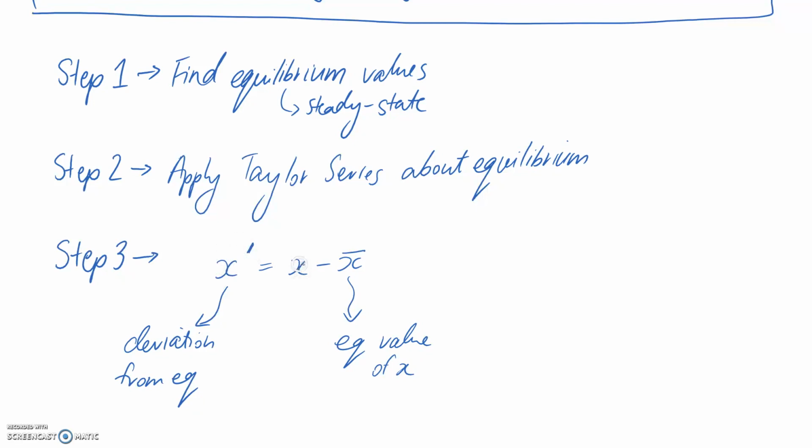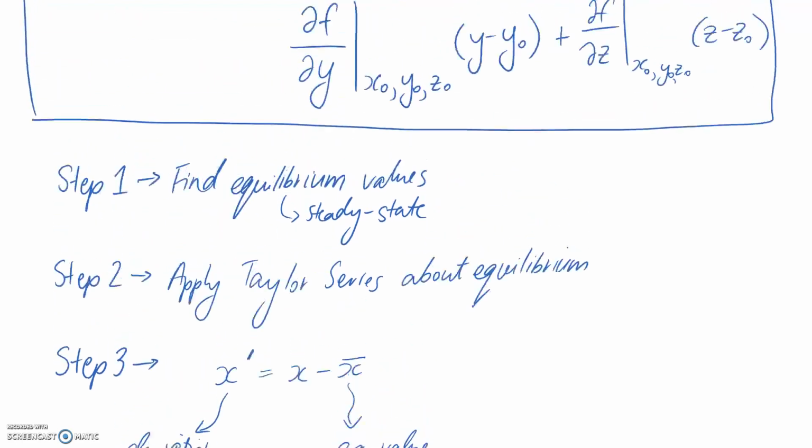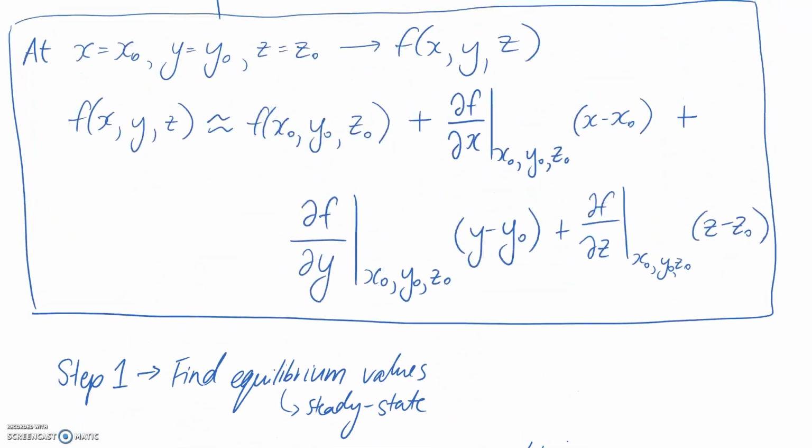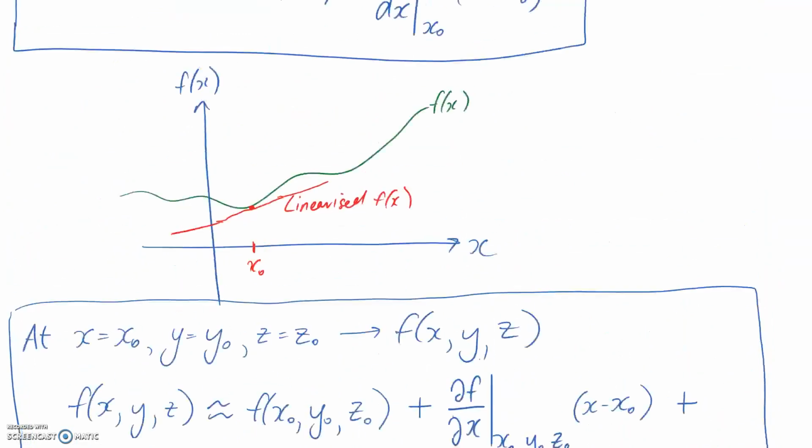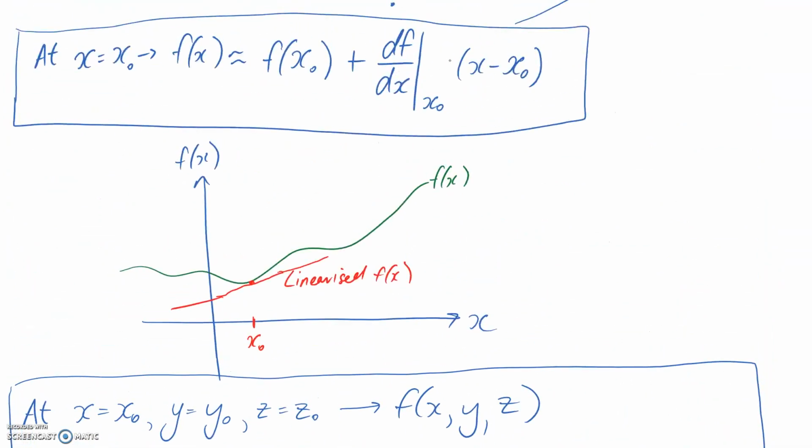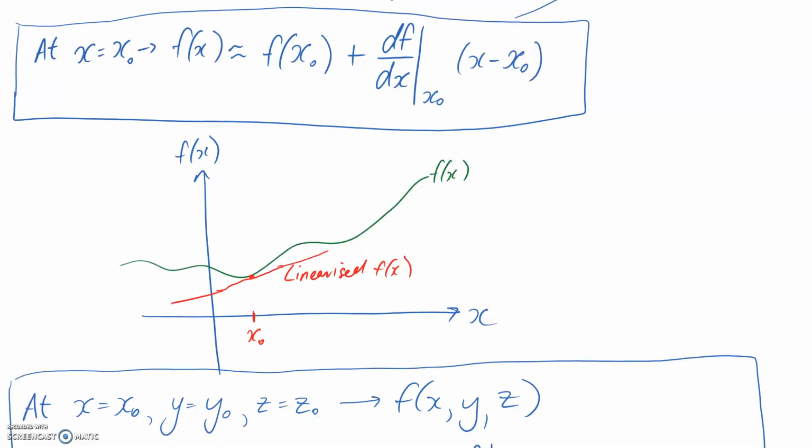And what you find is that x minus this x bar, back up in our Taylor series expansion, I'll go to the simpler one, which is where we just have the one variable, it basically ends up being this part here. So this is x, and x0 was our point of interest. Okay, so for these control problems, our point of interest becomes the equilibrium.